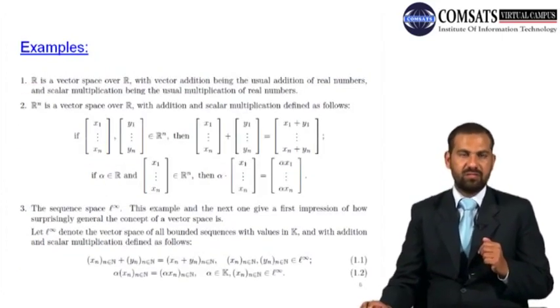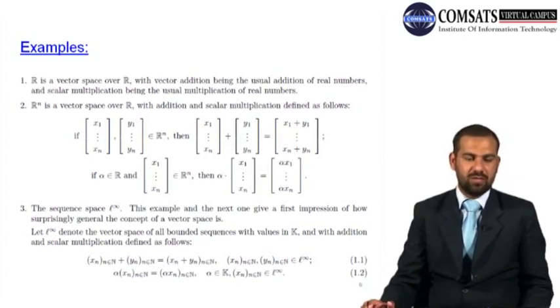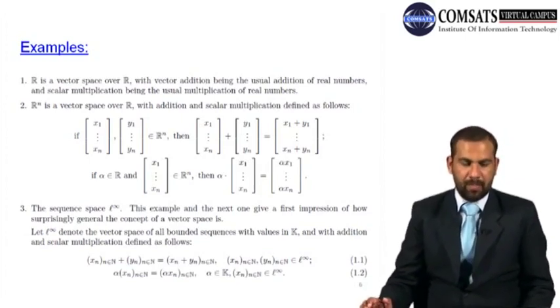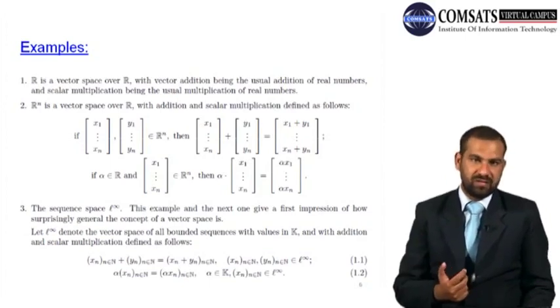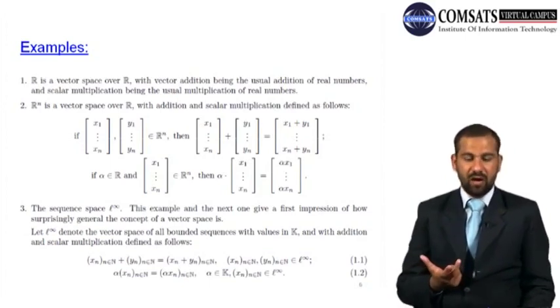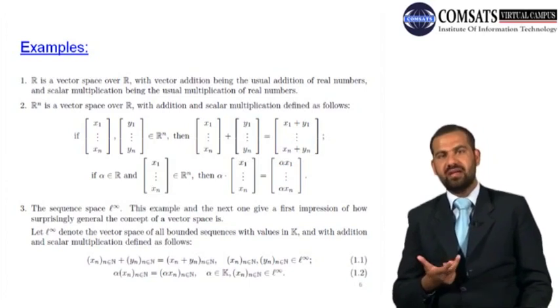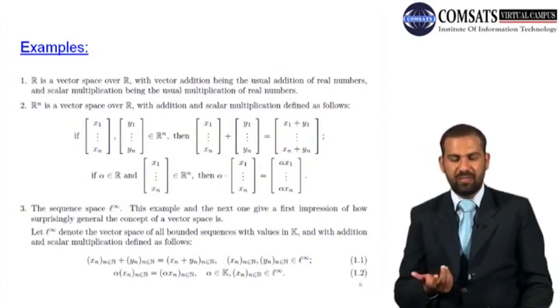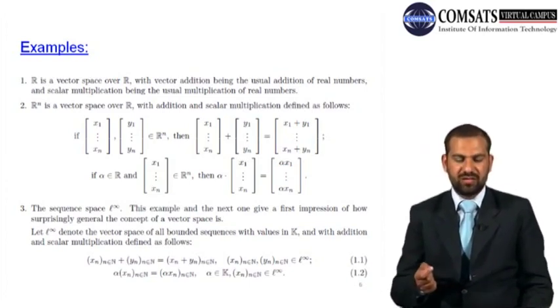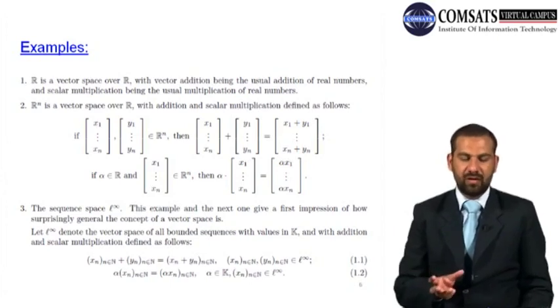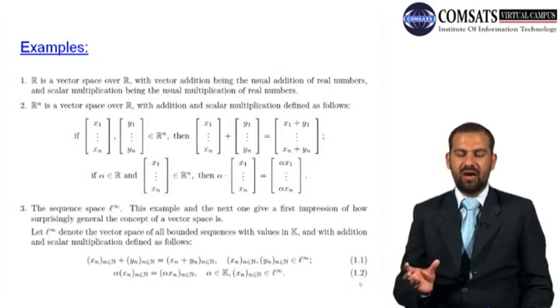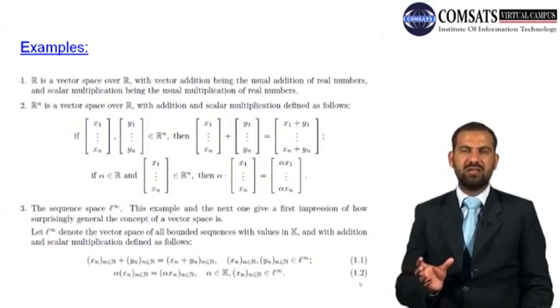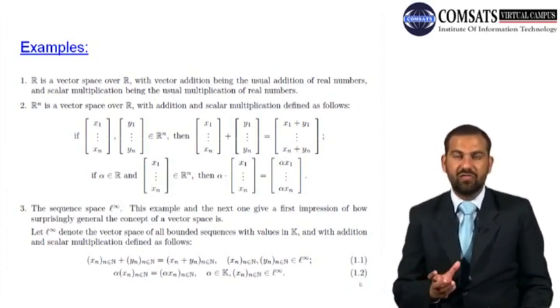Now next, we discuss some examples of vector spaces. The very first example of a vector space is R. R is a vector space over the field R itself. You take all the constants as belonging to it, with vector addition being the usual addition of real numbers and scalar multiplication being the usual multiplication of real numbers.